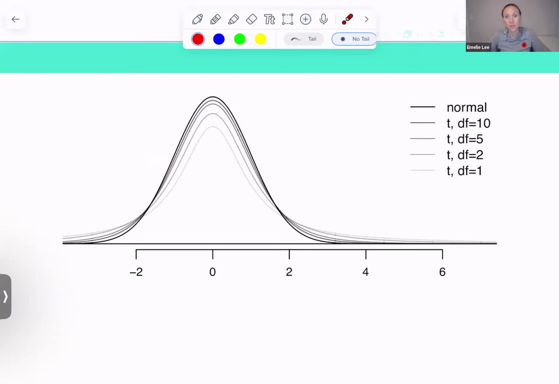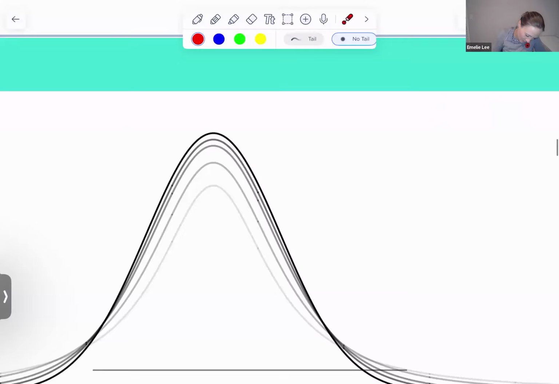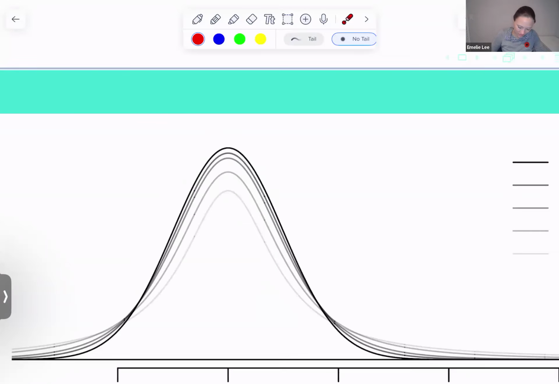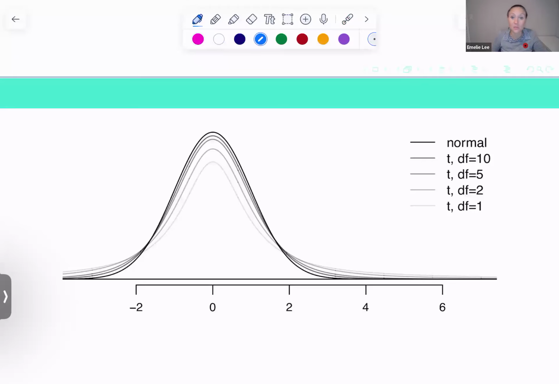Unlike the chi-squared distribution, which was quite different depending on the degrees of freedom, here for t with different degrees of freedom, it looks relatively the same, right? This thinnest line here, or faintest line, that's at 1 degree of freedom. That's small.